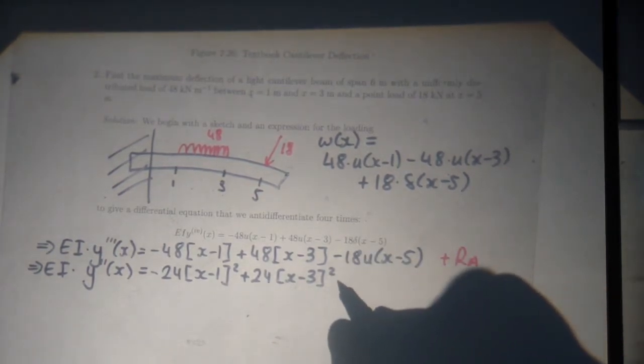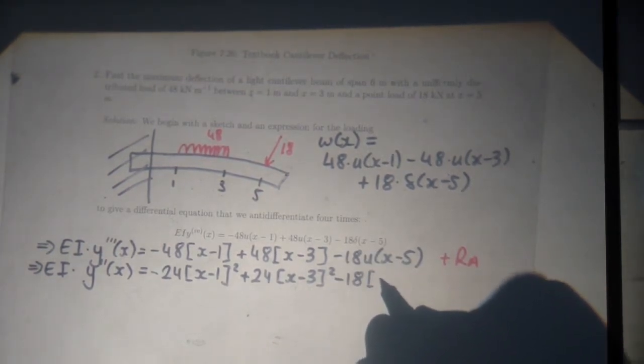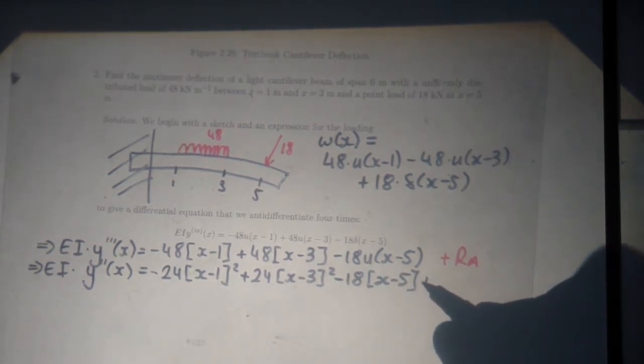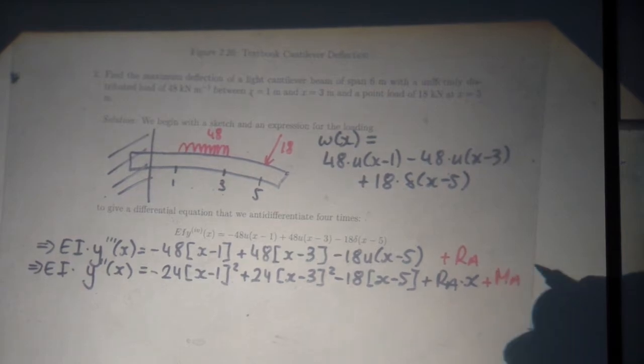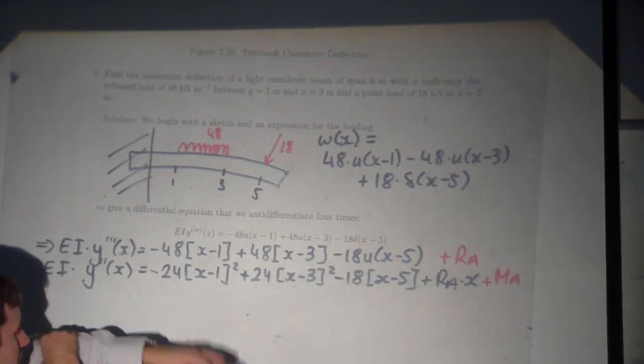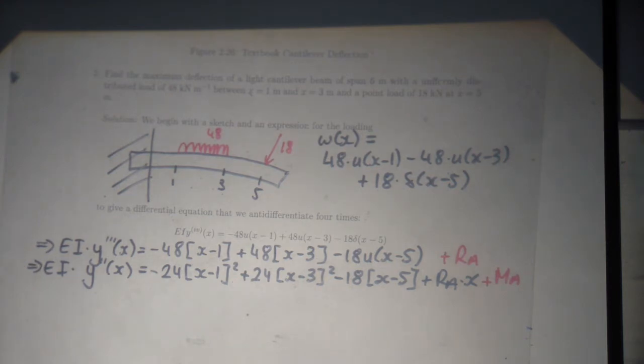And then the antiderivative of u is square bracket. And the antiderivative of RA is RAx, and we pick up a second constant of integration, which is MA, which is definitely not equal to 0 here, because the wall is exerting a bending moment, so MA is not 0.